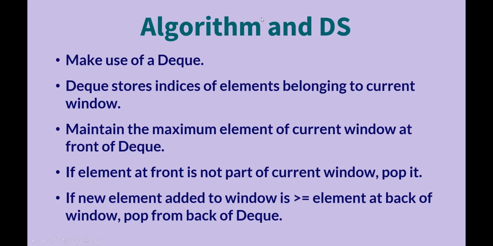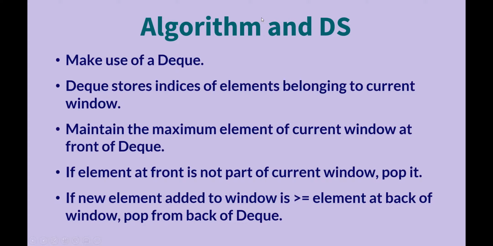So now let's look at the algorithm. We'll be running a for loop from 0 to the very end of the array, and each time the element that is being considered will be a part of the current sliding window. We keep pushing elements at the back of the deque. The main idea is to maintain the maximum element of the current window at the very front of the deque.